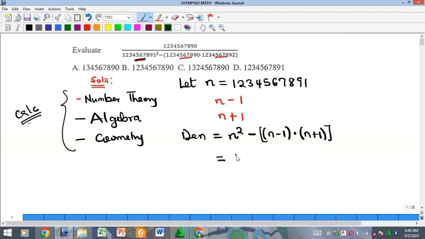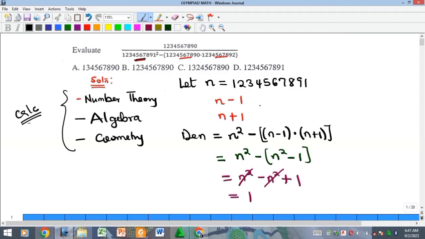If you open the two brackets, this simply represents a difference of two squares, which gives us n squared minus 1 squared, which is also 1. Or by the time you open up the last bracket, you will have n squared minus n squared, then minus times minus 1 gives plus 1. And of course, this n squared cancels n squared, so your whole denominator is now equal to 1.